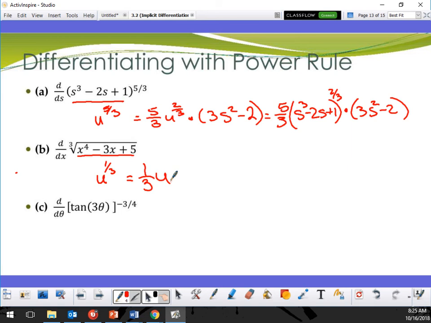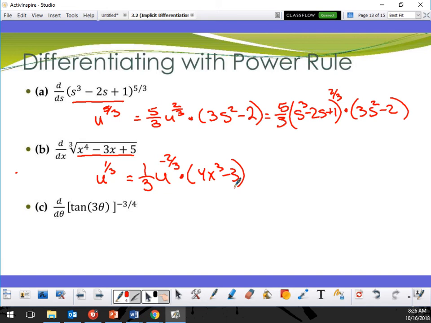Yep. Okay. So there's that piece, right? That's the outside. Now, let's do the inside. So it's times the derivative of the inside, 4x cubed minus 3. Yep. Now that I did that, what do I have to do from there?